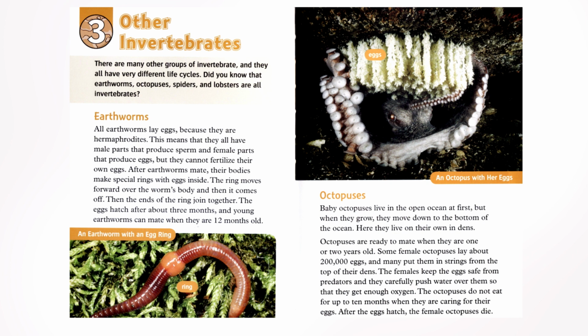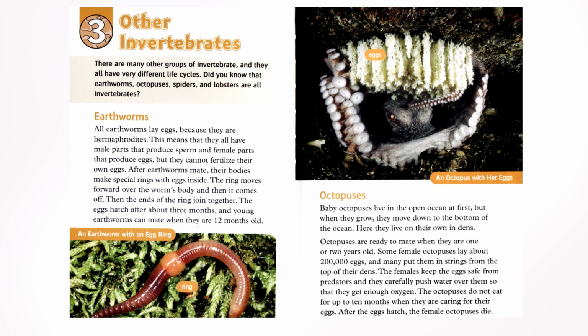After earthworms mate, their bodies make special rings with eggs inside. The ring moves forward over the worm's body, and then it comes off. Then the ends of the ring join together. The eggs hatch after about 3 months, and young earthworms can mate when they are 12 months old.